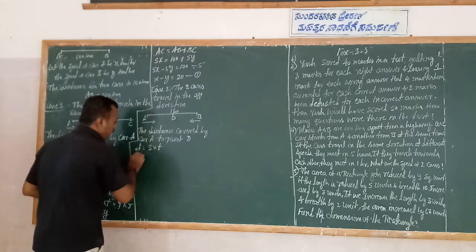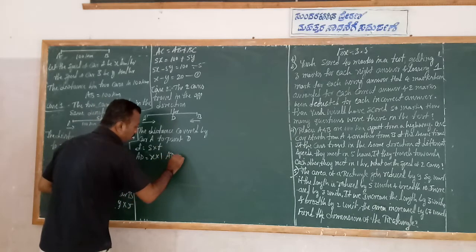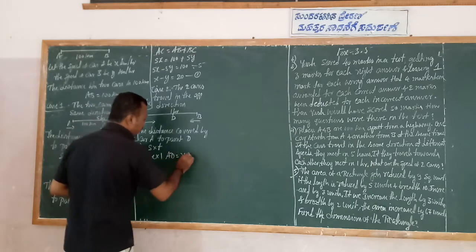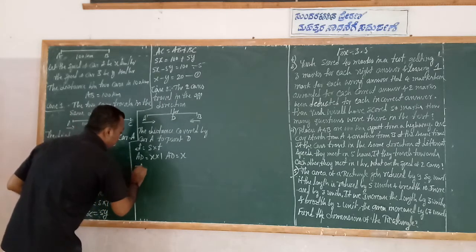How much distance? AD. Speed, we know, is x kilometer per hour, after 1 hour. Therefore AD is equal to x.